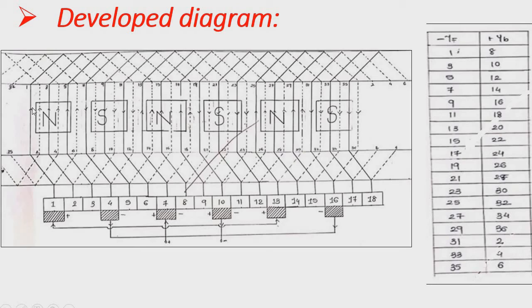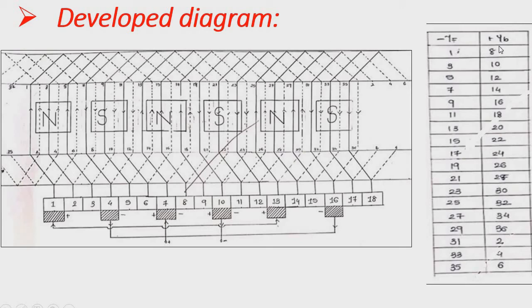So this is a front conductor, this is a back conductor. Now after drawing all these conductors, we have to follow the winding table.